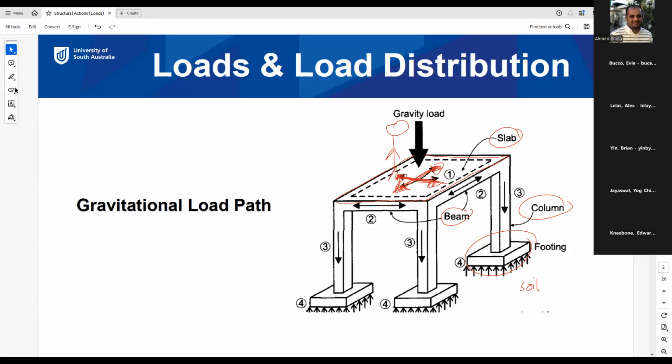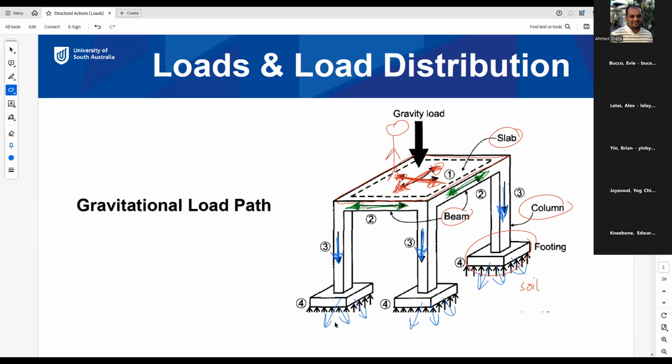Then the beam will transfer the load in this direction to the column, and the other beam also transfers the load to the column. So the load transfers from slab, then to the beam, then the beam transfers to the column, then the column will transfer this load vertically. So the 4 columns will transfer the load vertically to the footing. Then the footing will transfer this load to the soil.